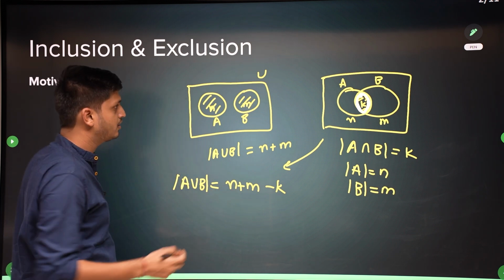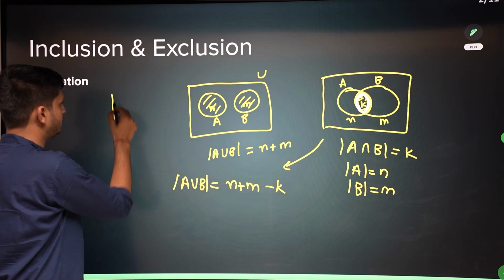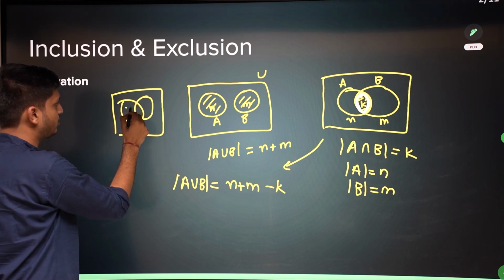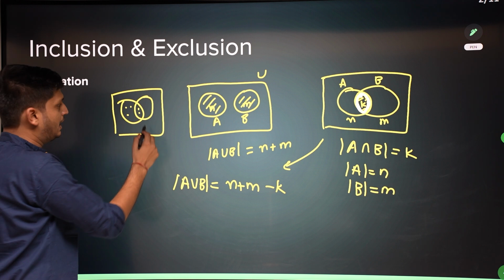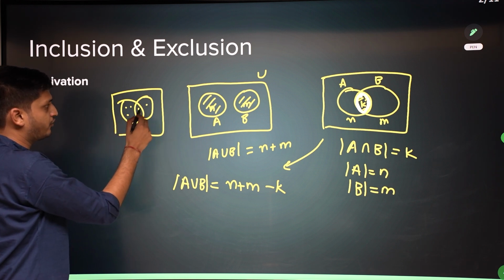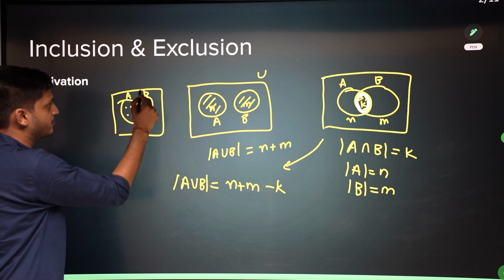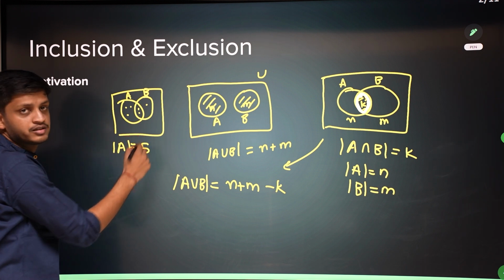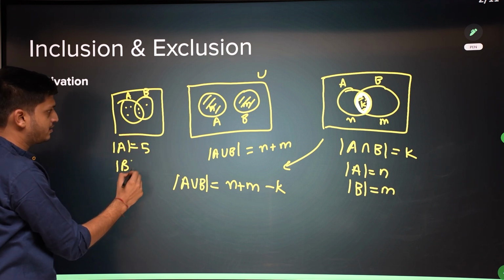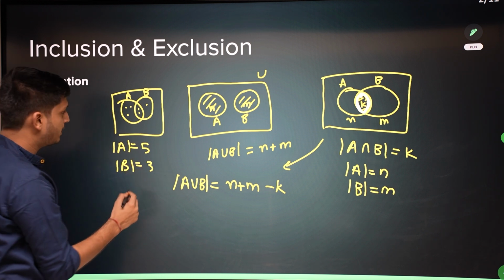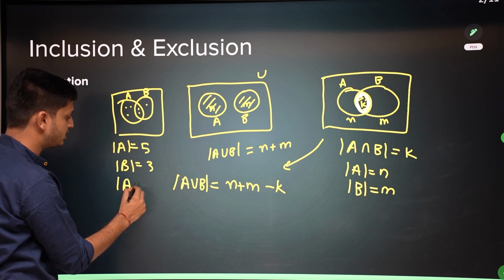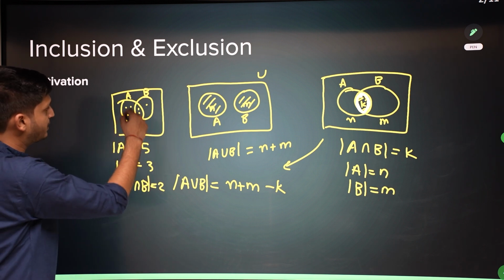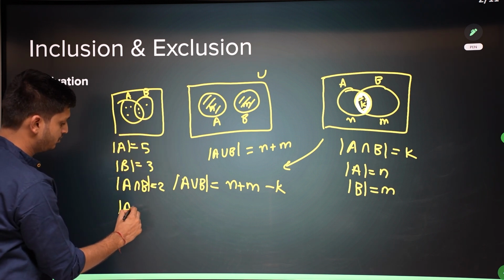For example, in the same example, let's say A has 1, 2, 3, 4, 5 elements, and B has 3 elements, and this is A, this is B. So here A has 5 elements, the dots, and B has 3 elements. But there are 2 elements which are common in both A and B. So the total number of elements in A union B is what?